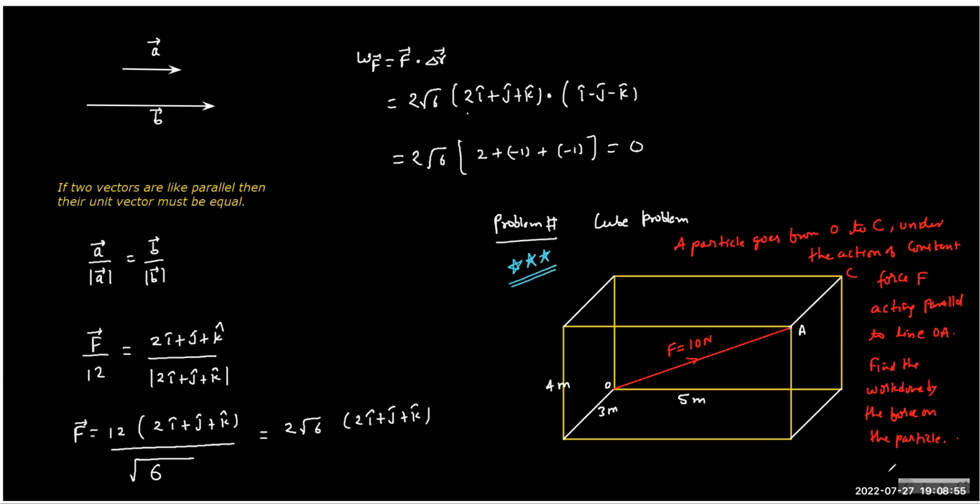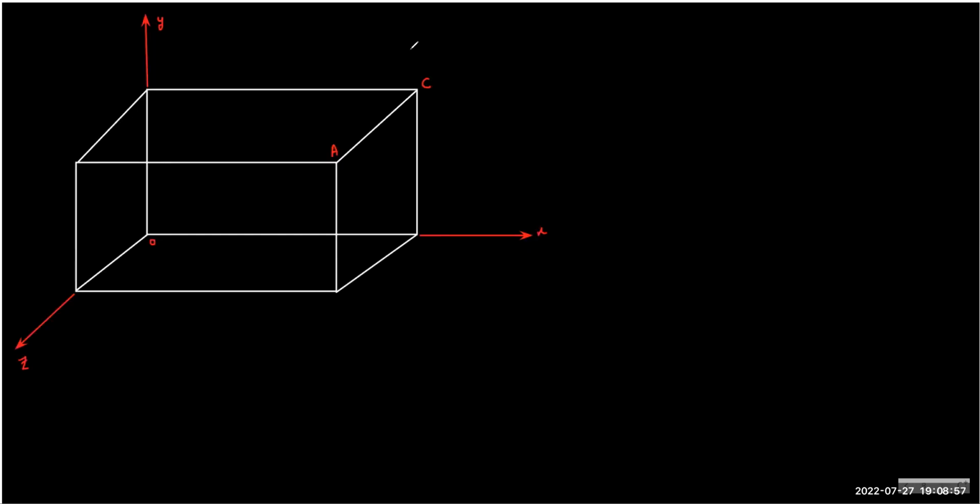The first step is to take a proper coordinate system. So I'm taking x, y, z like this. I will take this O as the origin, y axis. So tell me guys, what is OC vector?